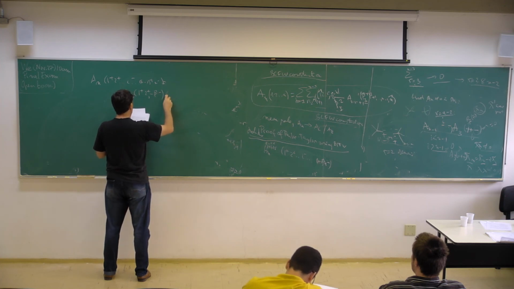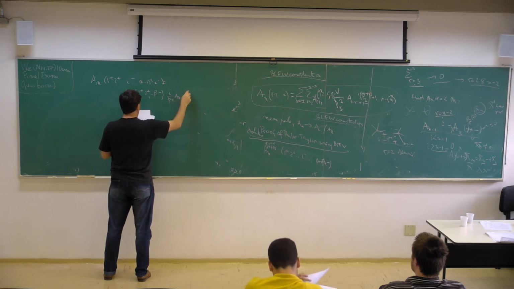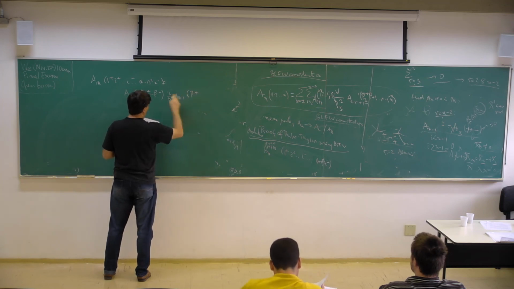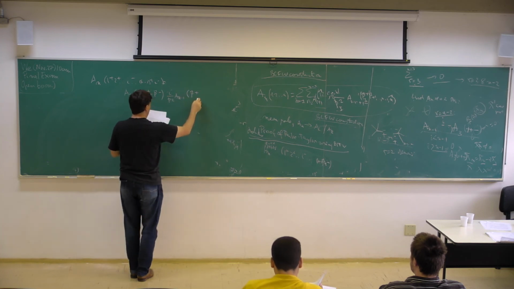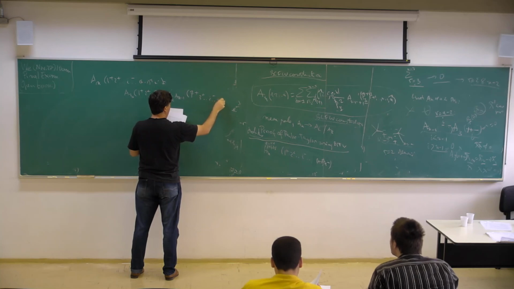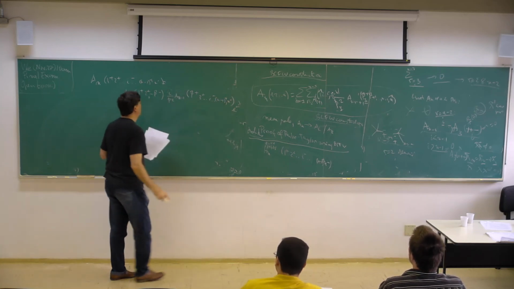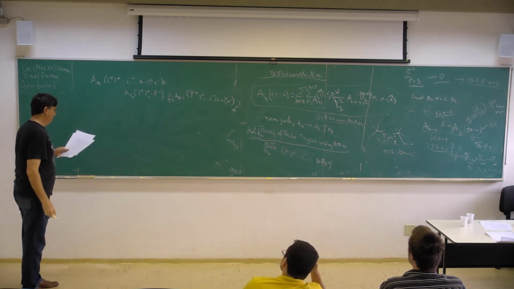And then i over p squared an minus 1 of p hat, now with opposite helicity, plus 3 plus n minus 1 minus plus n minus. All right.